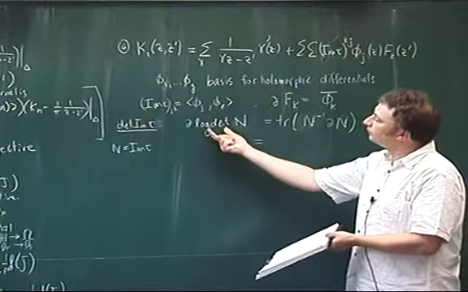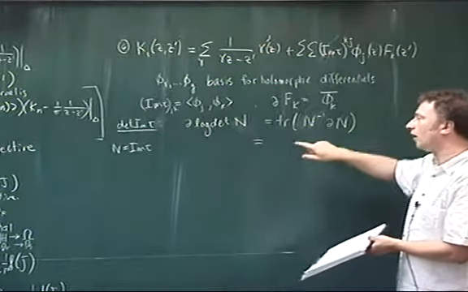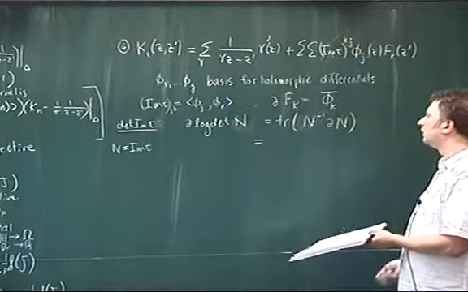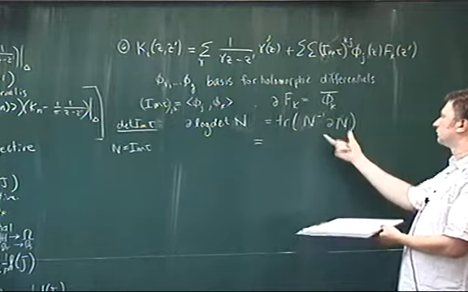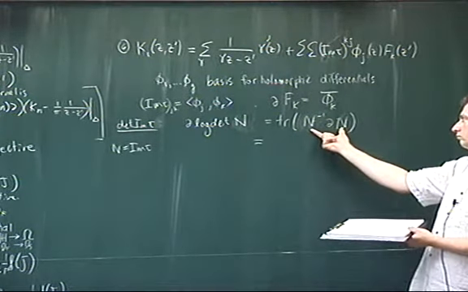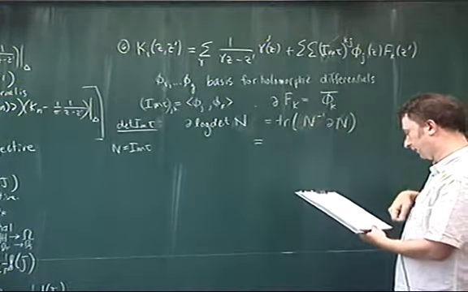So the log det is the trace of log, and then you take the variation of the log of the matrix.